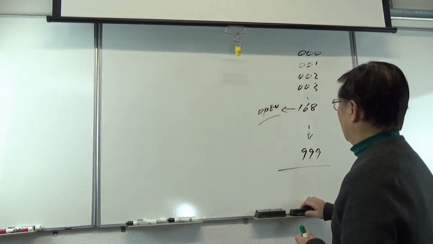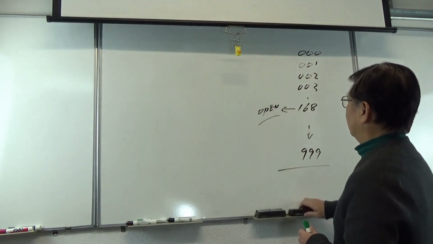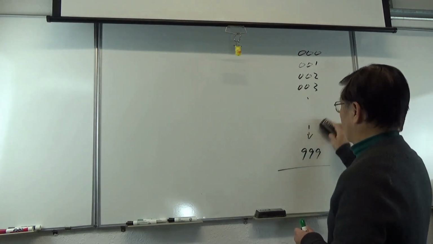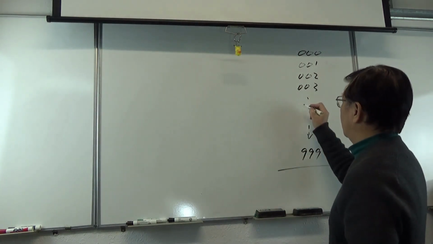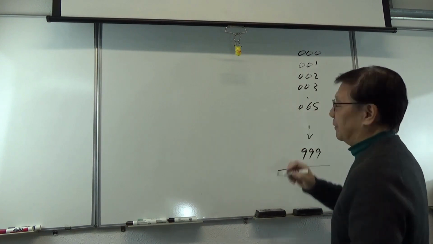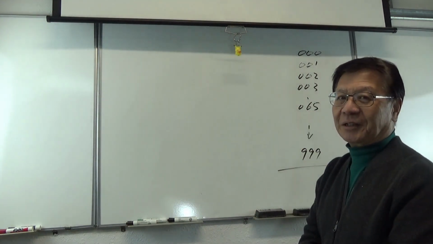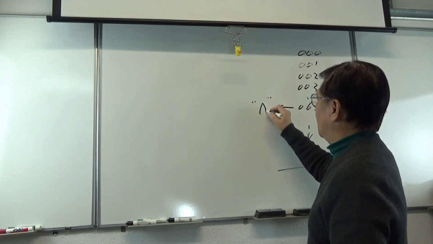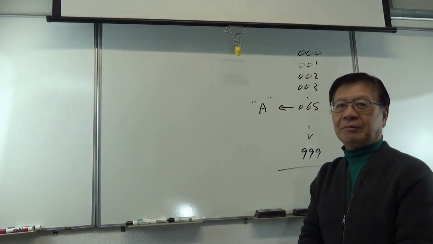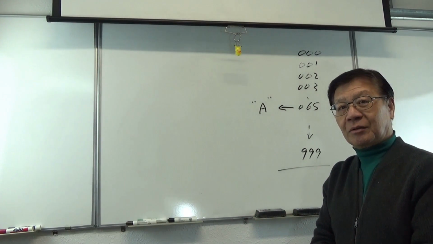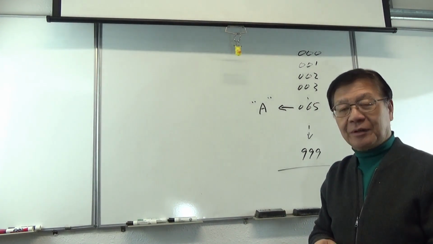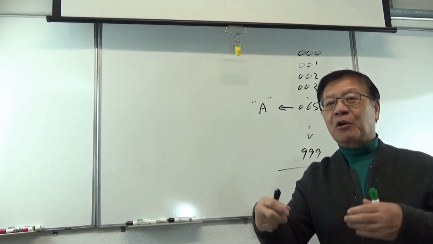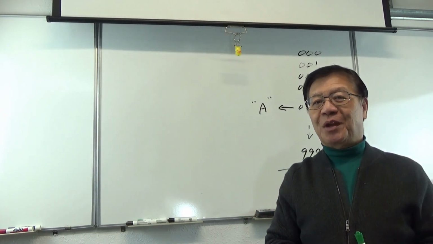Now, if we go further, we say the number 65 in decimal system represents the capital letter A in English. Can I? Yes, why not? I have an agreement with you.